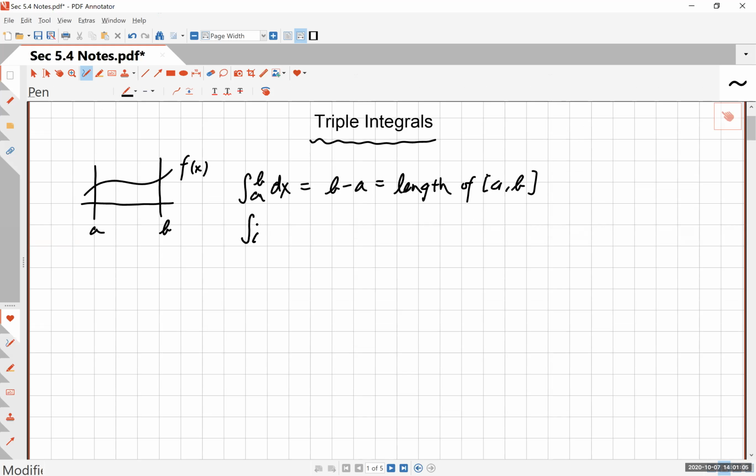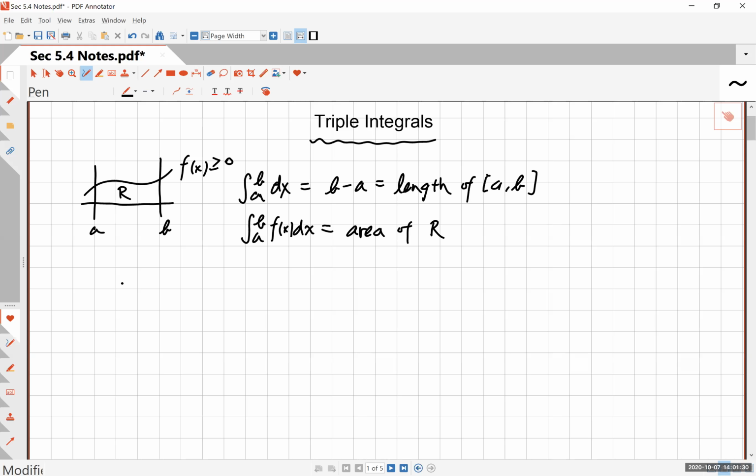Now you could, of course, integrate something in one-dimensional space, which is on the line. If you integrate this, this of course becomes the area of the region under the curve, assuming that f of x is greater than or equal to 0 on the interval a, b.